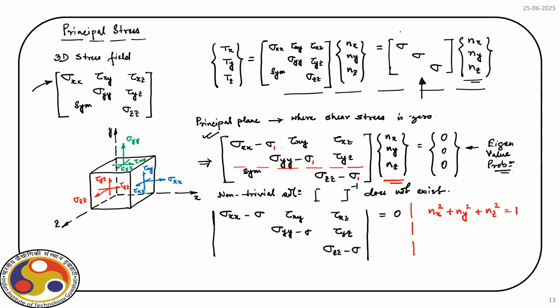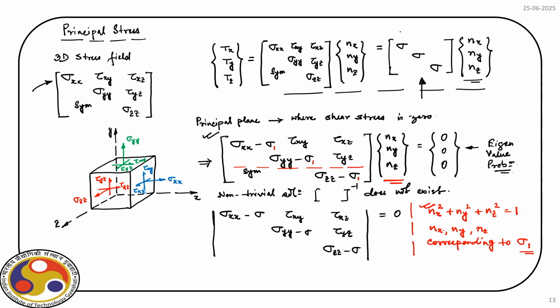So, this is the third equation, and if we consider this equation along with the 2 equations from the original eigenvalue problem, then we can solve nx, ny, nz corresponding to sigma 1.